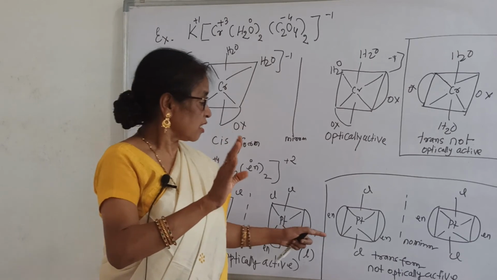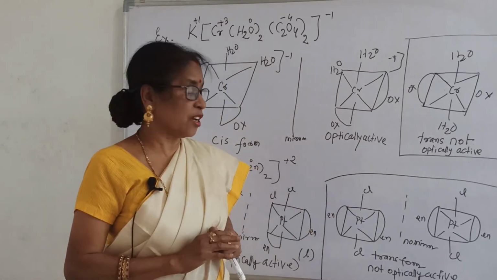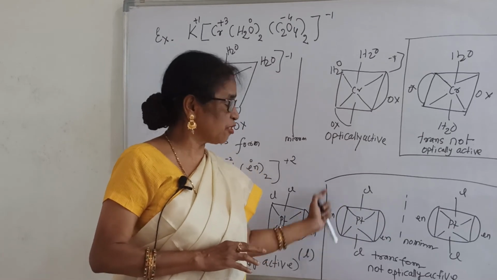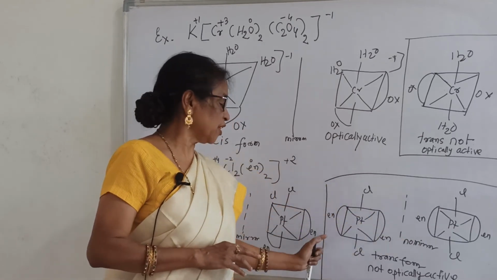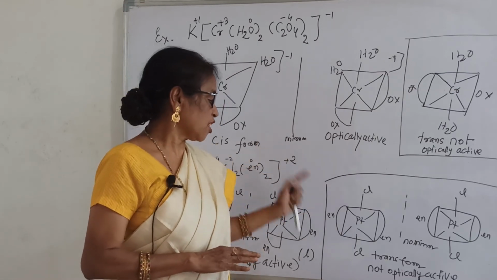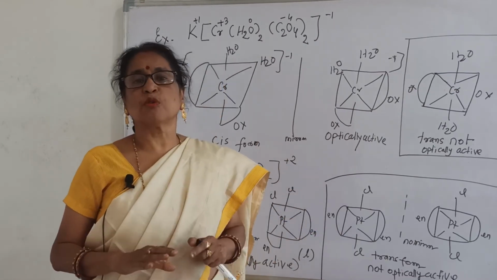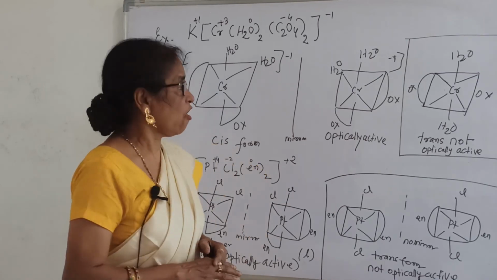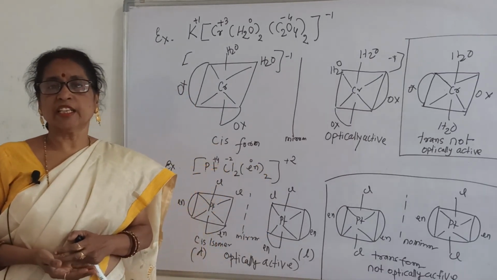But trans form never forms a mirror image, because there is no vacant place so that it jumps here and comes to here, no new ligand is there. So trans form never shows optical activity, it never shows a mirror image. I hope it is clear to you.